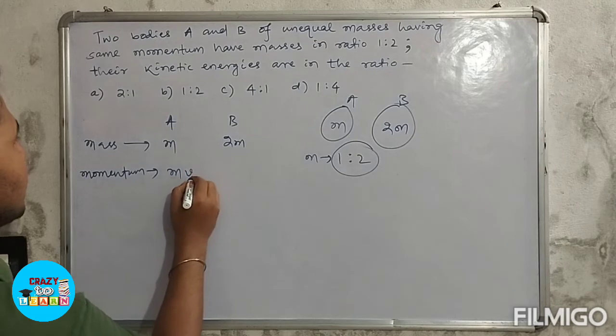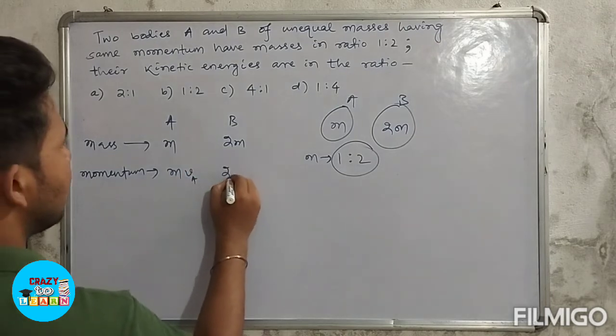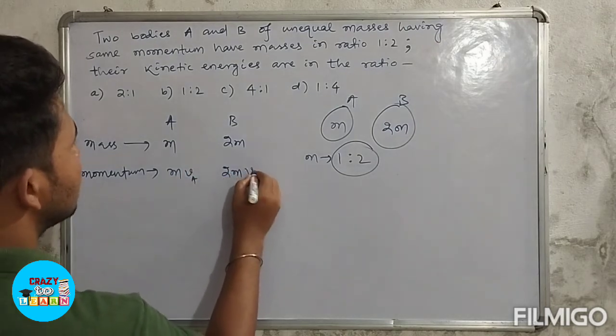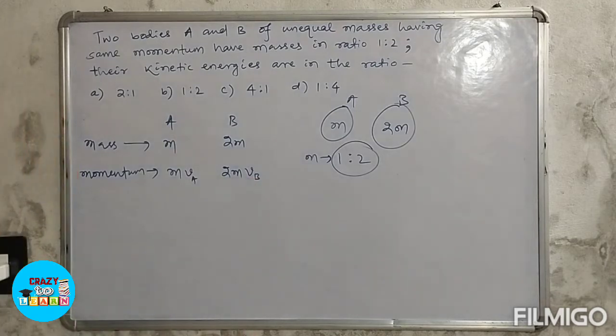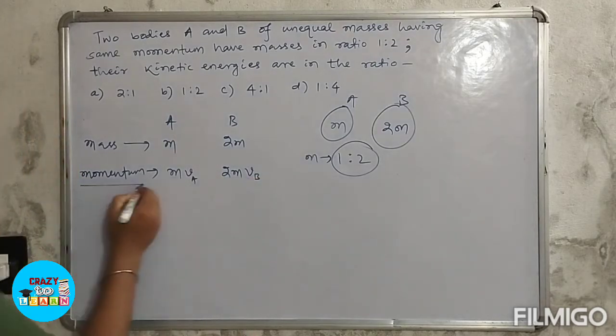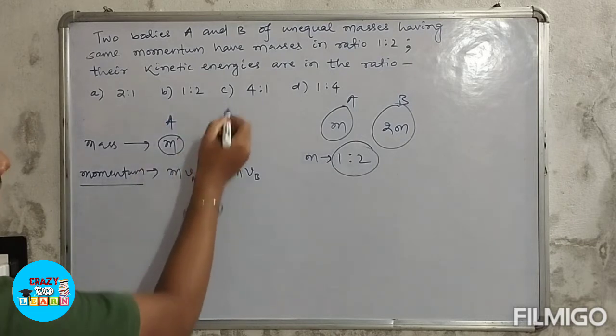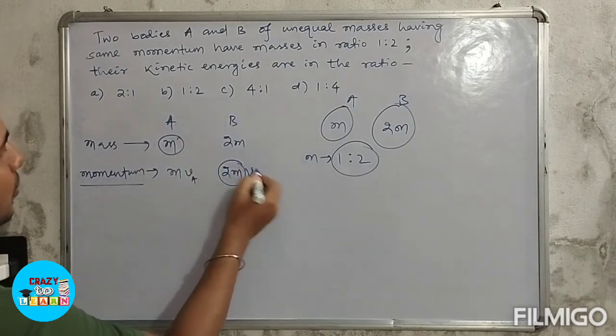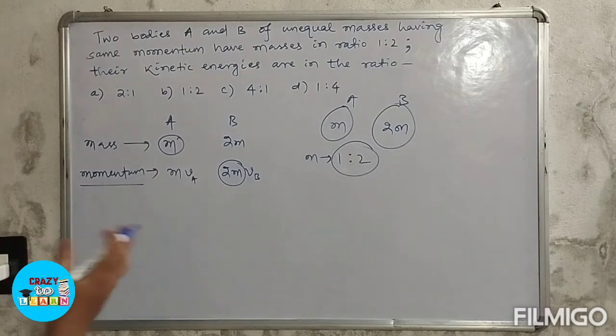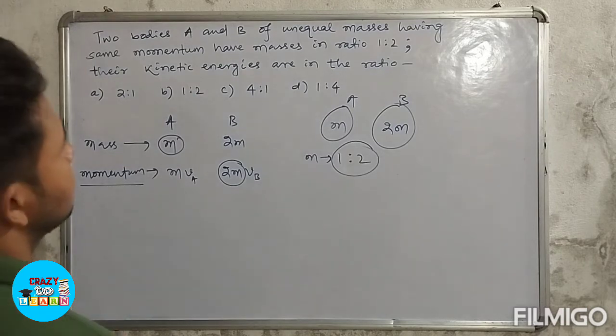Mass into velocity of A; the mass of B is 2m, so 2m into velocity of B, because we know momentum is equal to mass into velocity. Both have the same momentum.